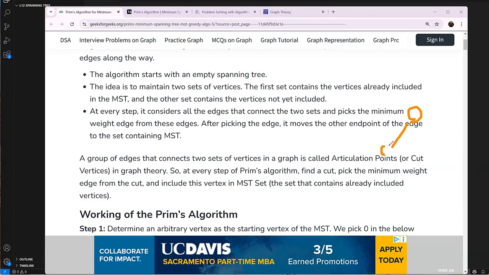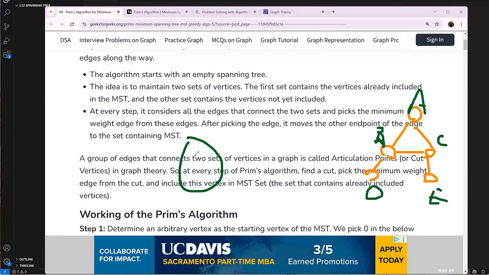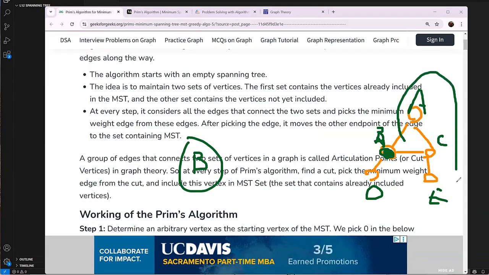Let's assume that you have these 5 nodes, A, B, C, D, E, and you pick B as the only node in set number 1. Then the group 2 right now has A, C, D, E.